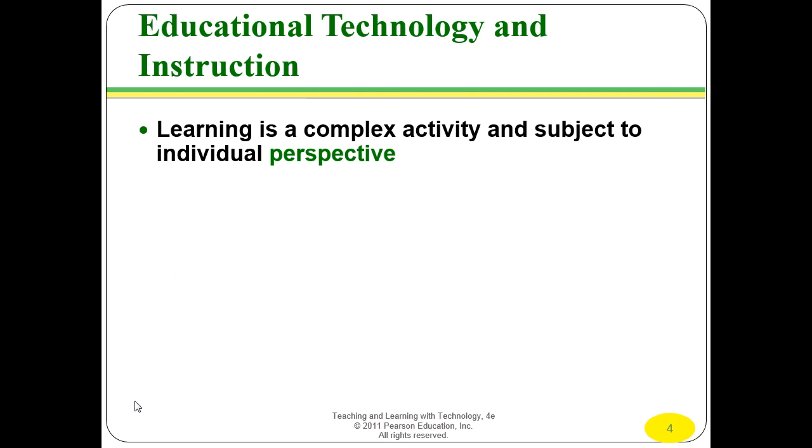Well, it continues here. Learning is a complex activity and subject to individual perspective. So now, let's not fool ourselves. Learning is very complex. There's a whole lot going on whenever you and I are standing up in front of that classroom and those students are sitting at those desks. Some things are taking place that we may not see, we may not catch, but some things are taking place.